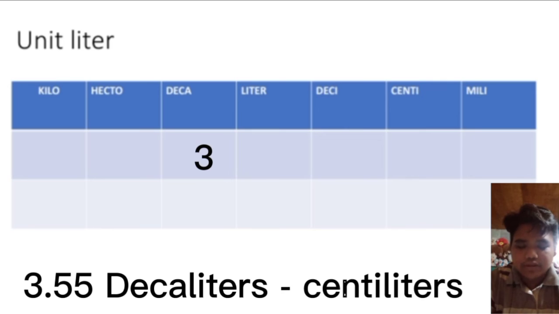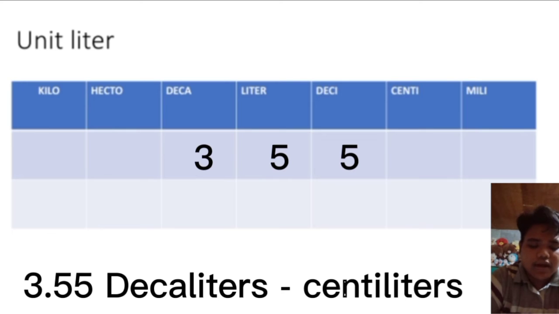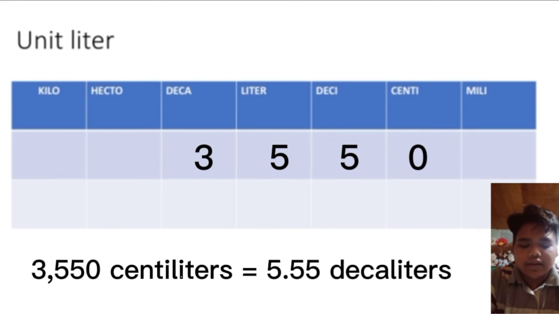We put the 3 on the decaliter, 5 for liter, 5 also to deciliter, then 0 for the centiliter. So we have 3,550 centiliter in 3.55 decaliter.